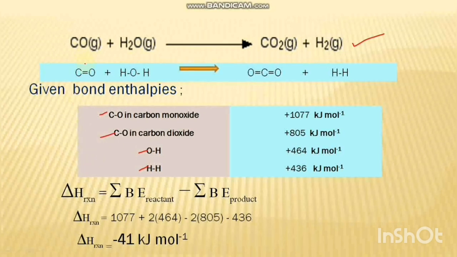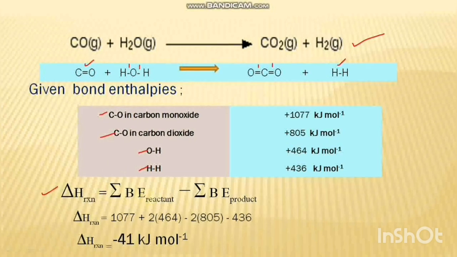As you know that in the reactants, carbon oxygen bond breaks in carbon monoxide and two OH bonds in water break to form carbon dioxide, in which two CO bonds are formed, and hydrogen, in which one hydrogen-hydrogen single bond is formed.